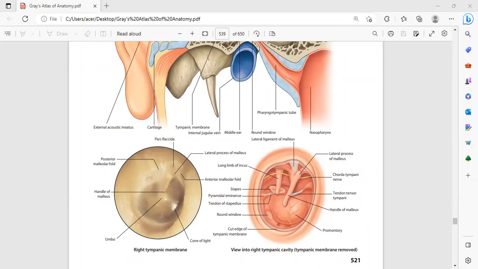On the promontory, you have this plexus of nerves, called the tympanic plexus. It is formed by the tympanic branch of the glossopharyngeal nerve, which we said innervates the tympanic membrane, along with sympathetic branches from the internal carotid artery.